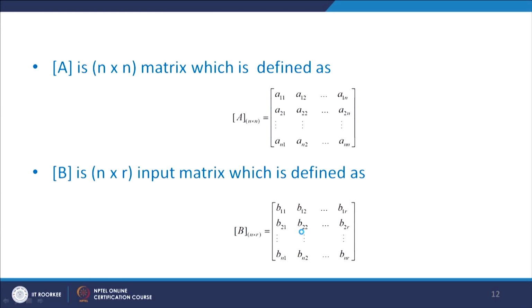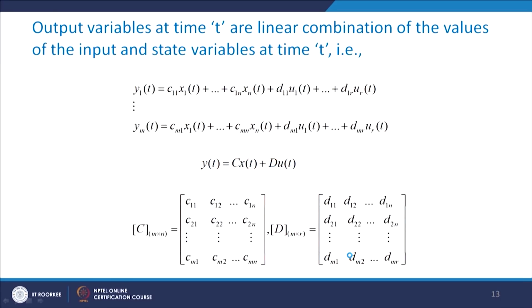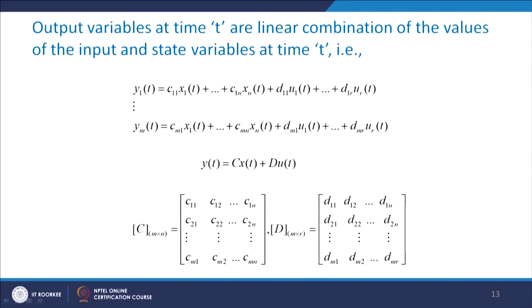The elements in A are written like this: a11, a12, up to a1n, a21, a22, up to a2n, then an1, an2, up to ann. B is of size n into r: b11, b12, up to b1r, b21, b22, up to b2r, then bn1, bn2, up to bnr. Now coming to the output equations, as the output is also a combination of your input as well as state variables, we write the output in terms of c11 x1 of t, up to c1n xn of t, plus d11 u1 of t, up to d1r ur of t.